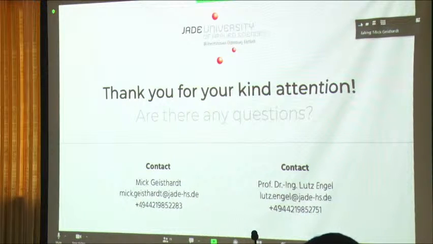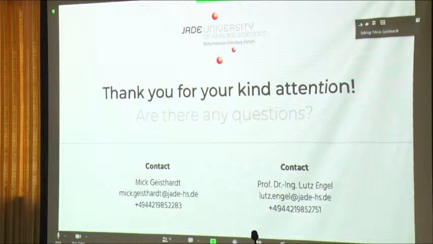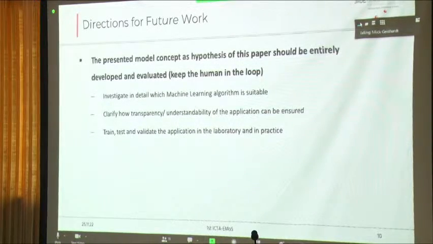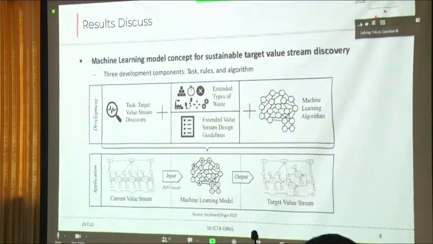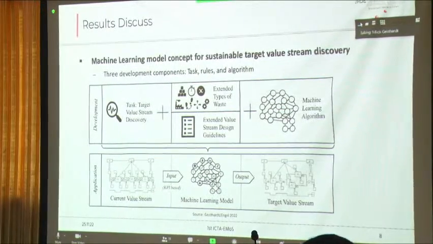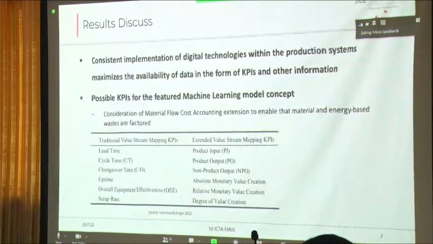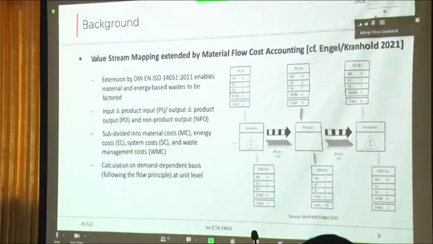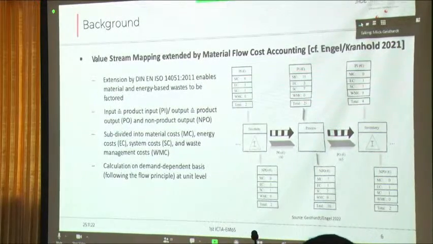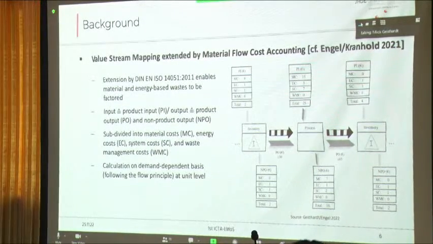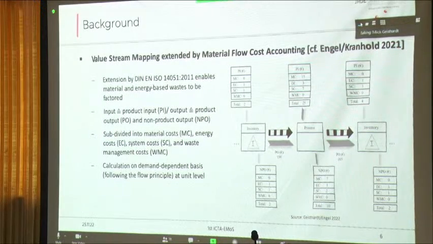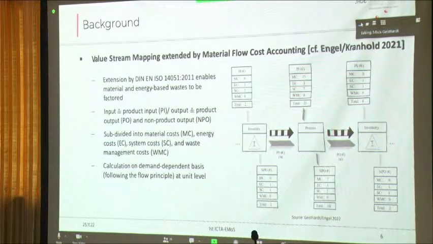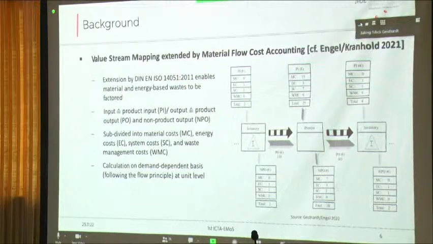So basically, I can maybe jump to the slide. This approach builds up on the development of material flow cost accounting in combination with value stream mapping and lean management. What is unique about that is that the optimization is based on all the lean management principles.